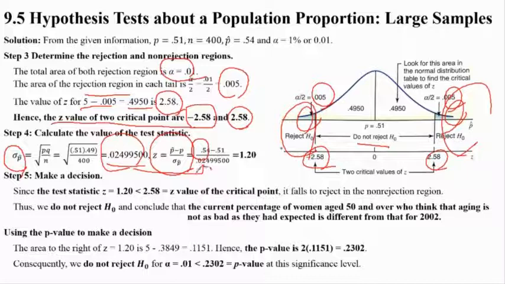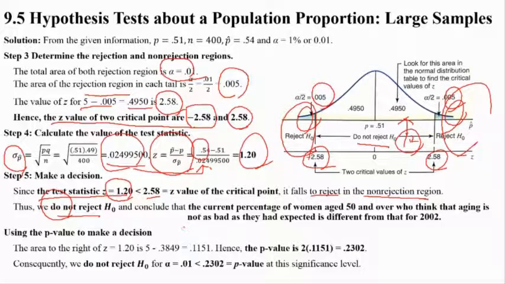The result is 1.2. All right, so making the decision. The sample statistic right here is 1.20, but the rejection area begins at 2.58. So 1.2 falls over here, in the do not reject area, in the middle, between the rejection areas. So it is do not reject.